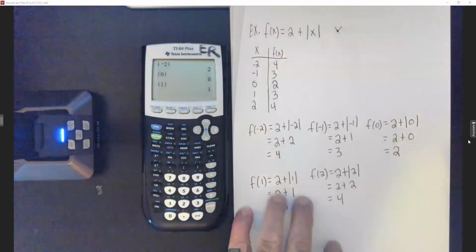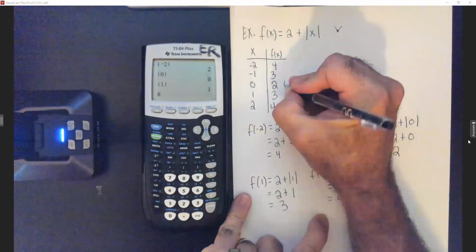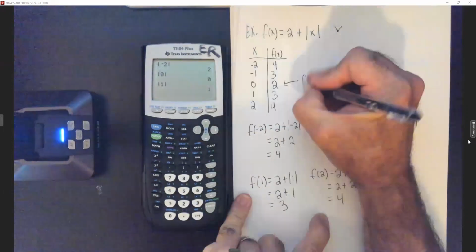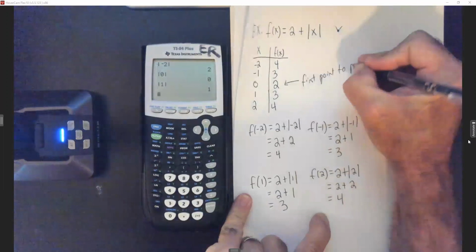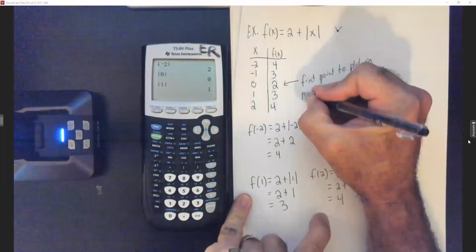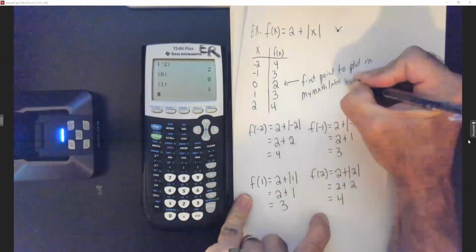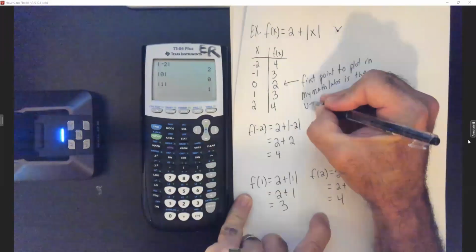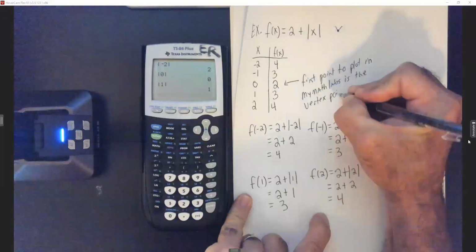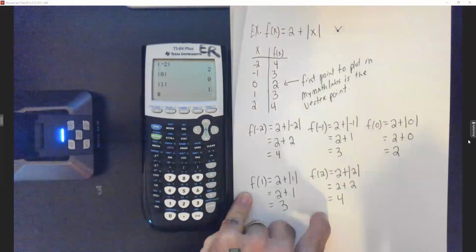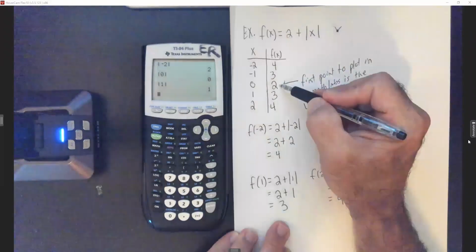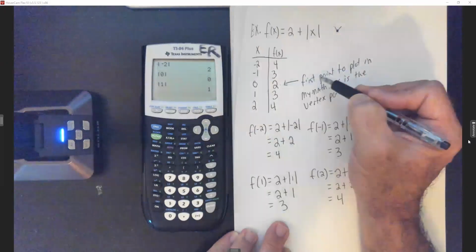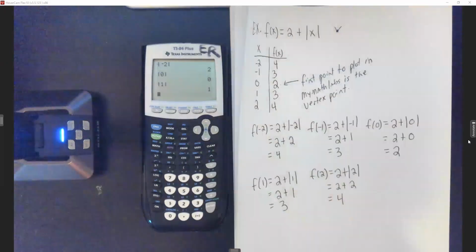So when you graph this in MyMathLab, the first point to plot is the vertex point. The vertex point is just that little V down here. So on this one, you'll plot the vertex, and then you just plot one of the sides, and it'll draw that whole graph for us, okay?